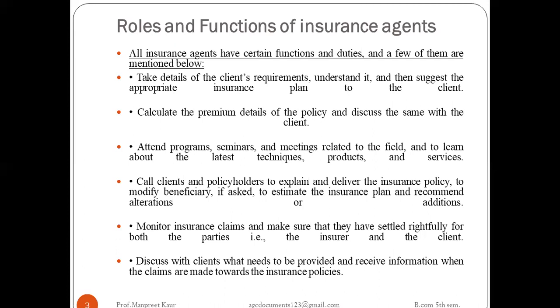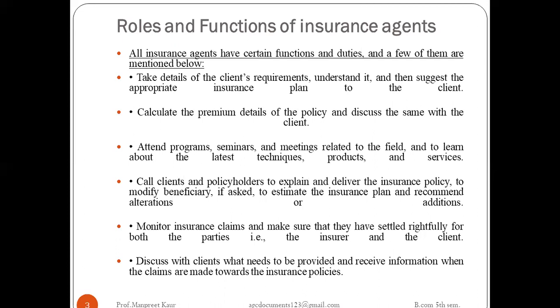A particular amount of money is paid after a particular period of time, say after one month. That amount is paid to the insurance company for the policy adopted by the client. That particular amount is known as the premium.